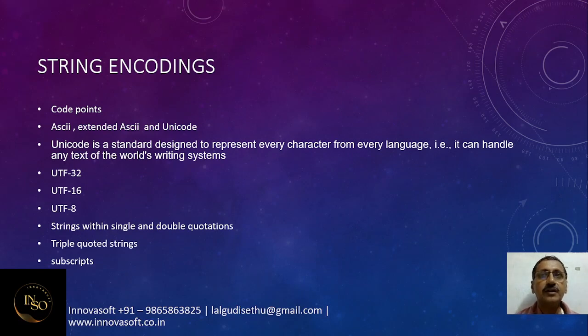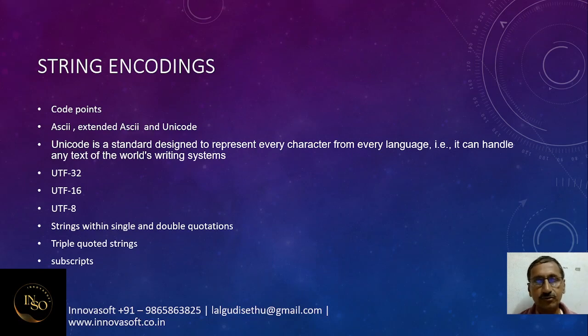Conventionally, the characters were made up of ASCII codes, and then extended ASCII was there. When you say ASCII code, only 128 characters can be represented. Only the English language was able to be represented.